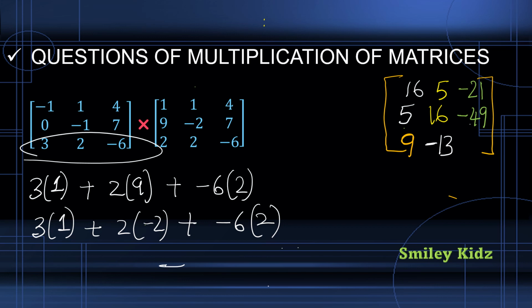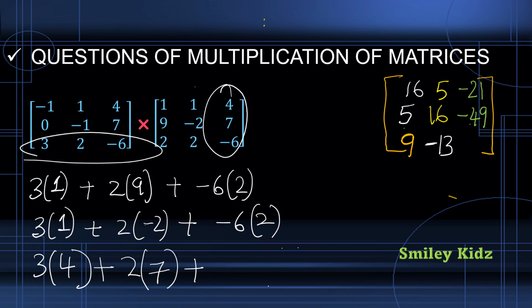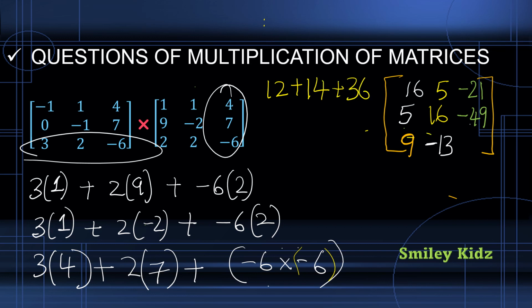Then we have third row with third column. This is going to be 3 into 4 plus 2 into 7 plus minus 6 into minus 6. Now what is this equal to? This is equal to 12 plus 14 plus 36. That is equal to 62.